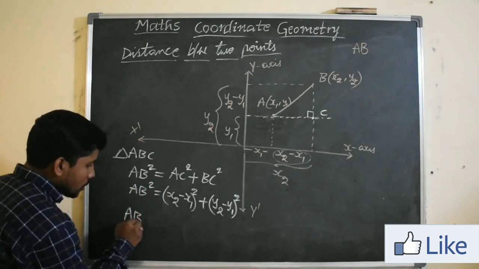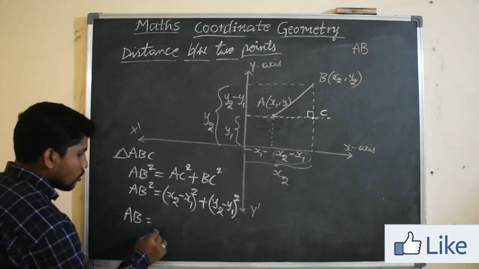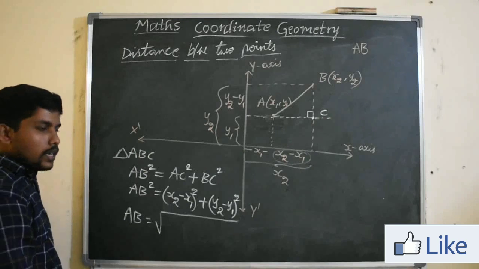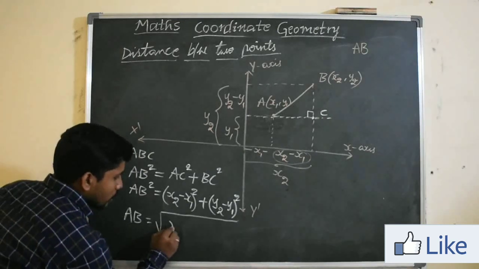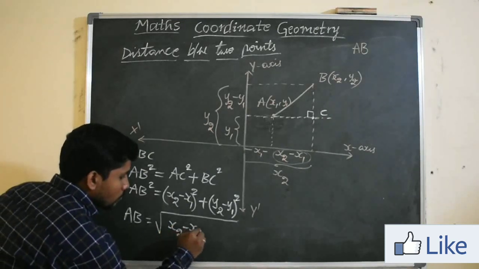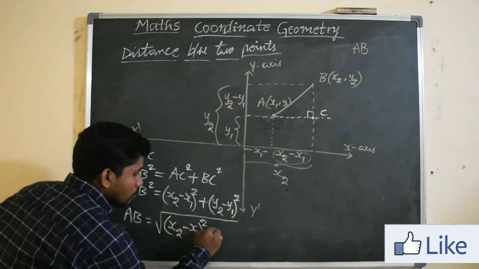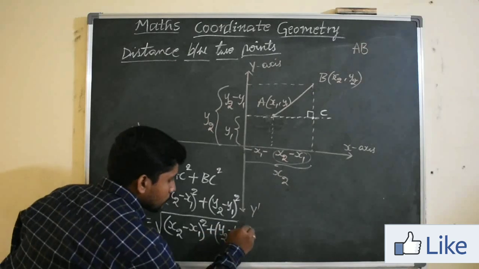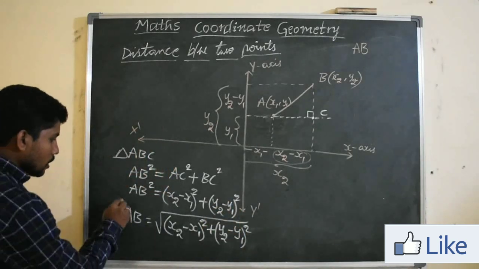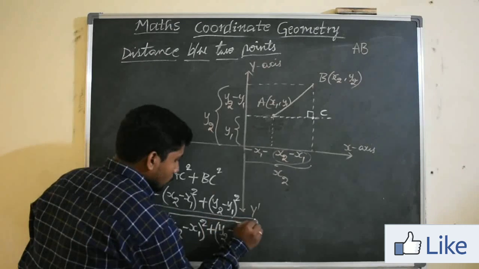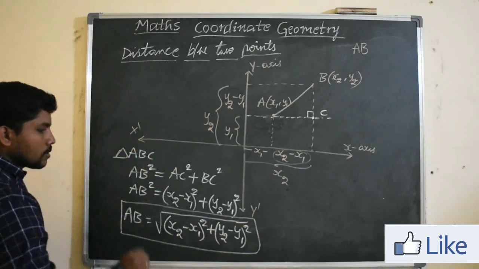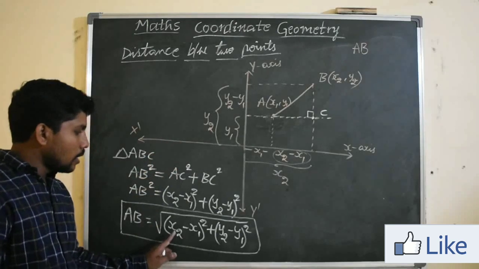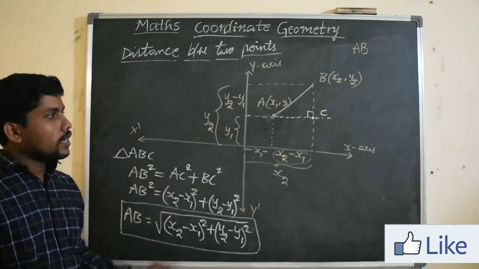AB distance is equal to, when sending the square to the other side, the equality becomes a square root. So square root of x2 minus x1 whole square plus y2 minus y1 whole square. This is the formula to find the distance between any 2 points in a coordinate system.